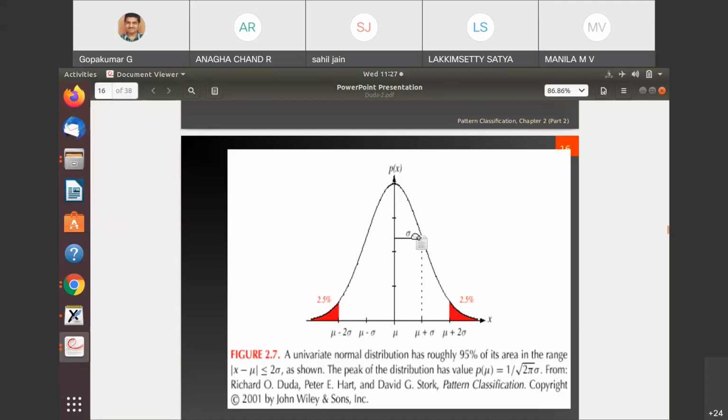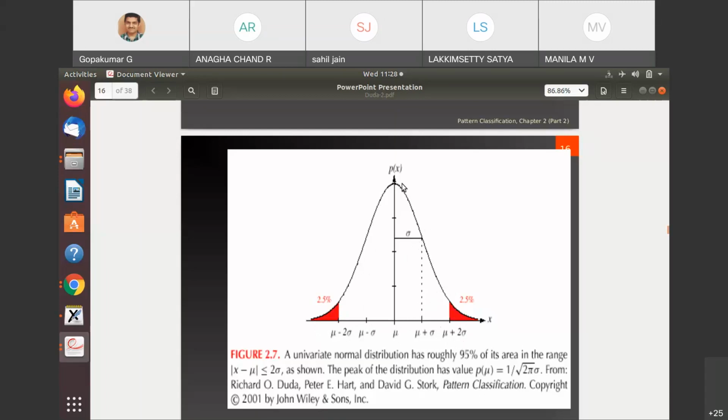If you consider mu plus 2 sigma and mu minus 2 sigma, that region will accommodate near 95 percent of the points, and only very few points fall outside this range. That is one interesting property of this plot.